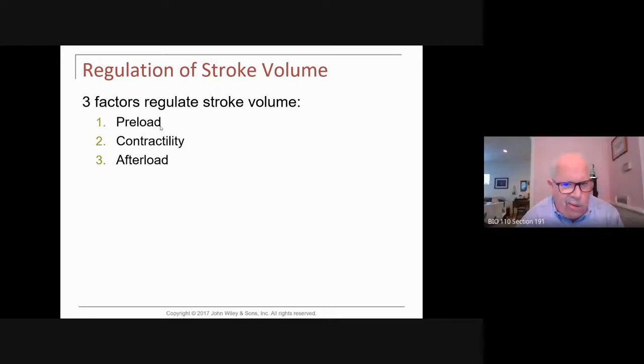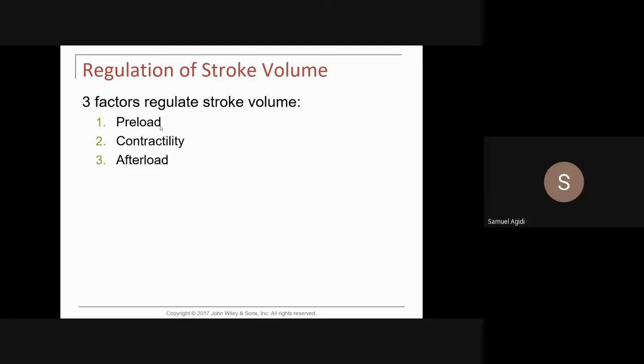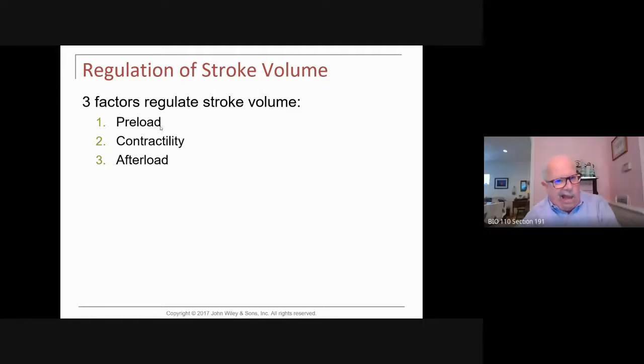Now look at the formula. CO is SV times HR. When your preload affects your stroke volume and your stroke volume drops, what happens to your heart rate? It goes up, because it has to equal your cardiac output.